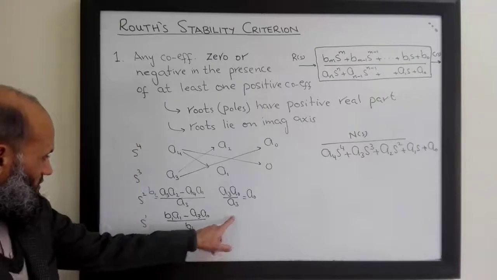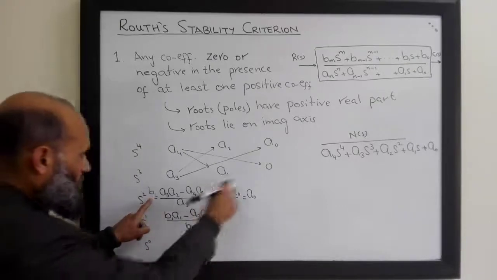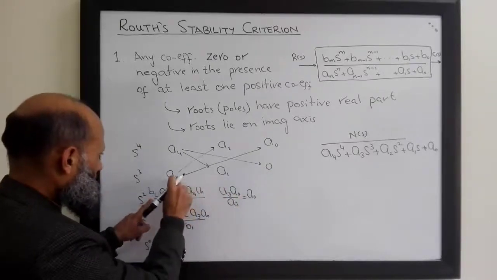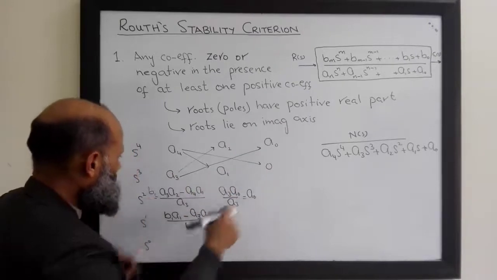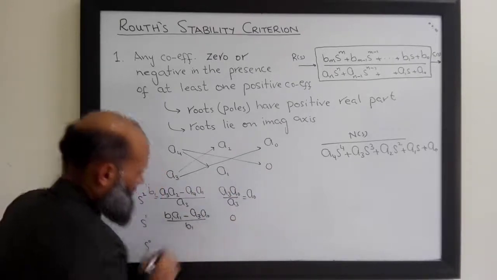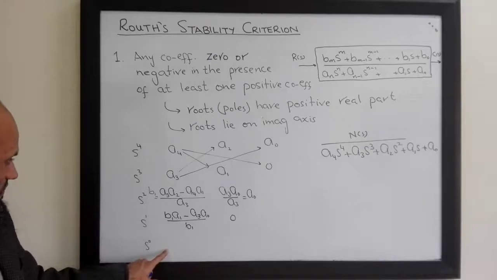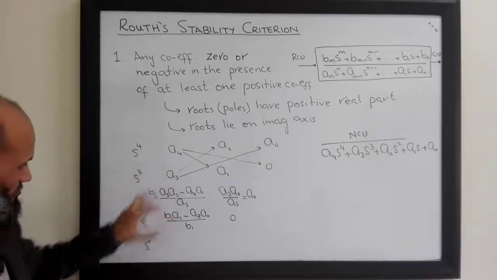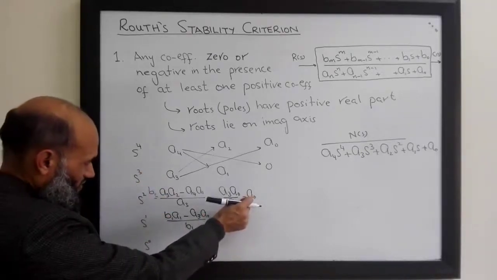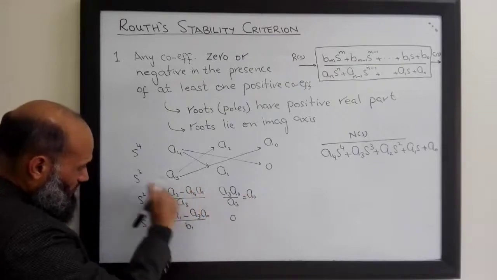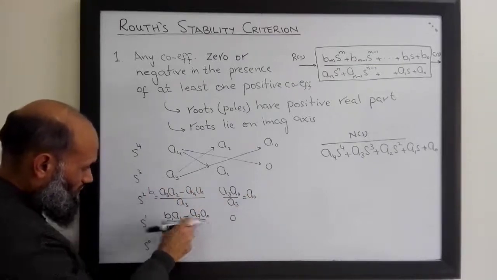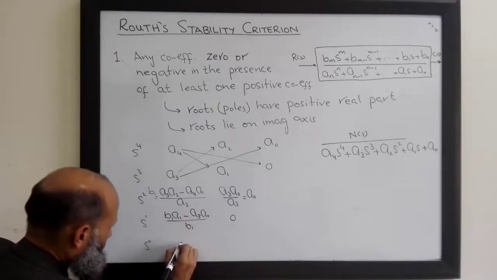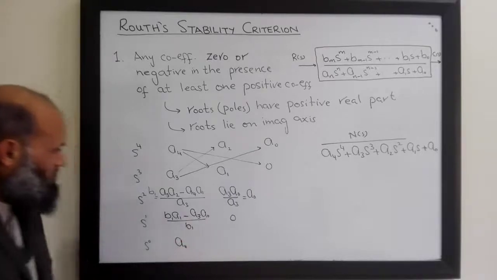And then this entry is b1 multiplied by 0 minus a3 multiplied by 0, so that is 0 over here. This entry is computed from these two rows, this multiplied by this minus b1 multiplied by 0 whole divided by this term, which is a0.